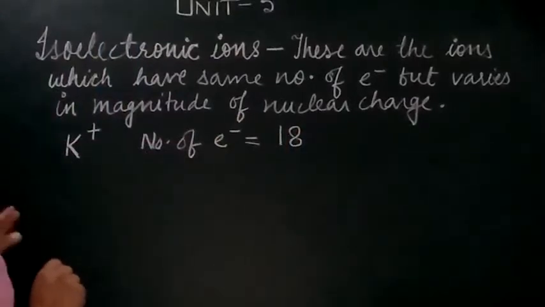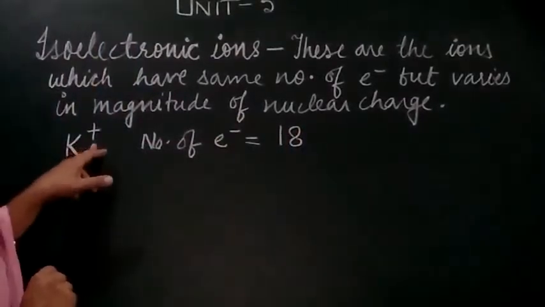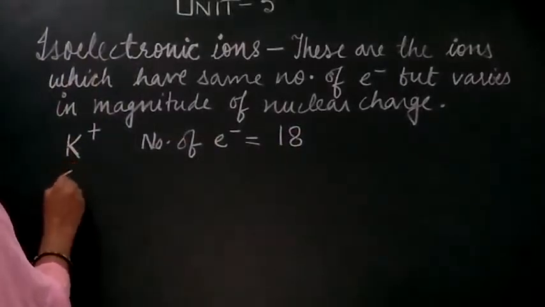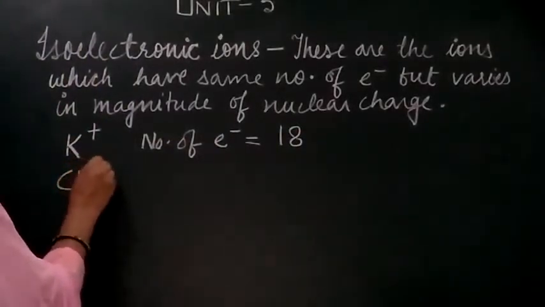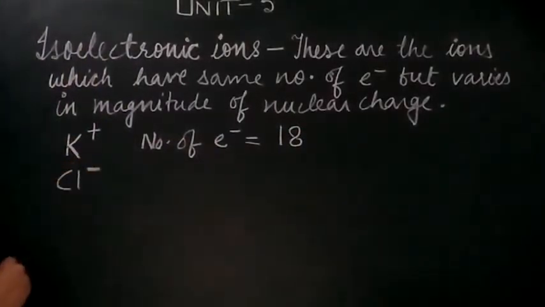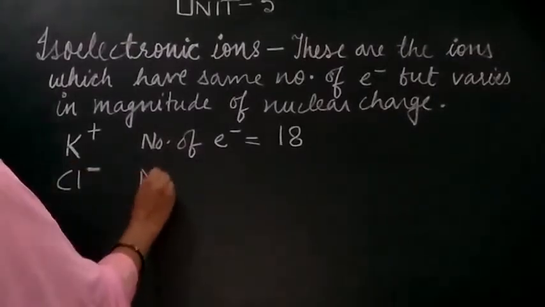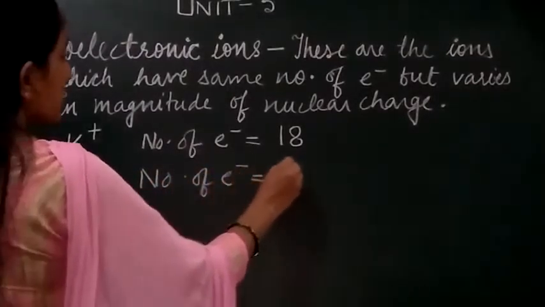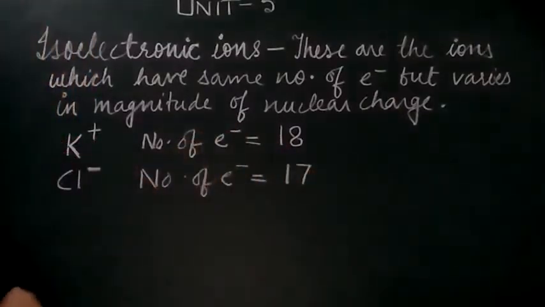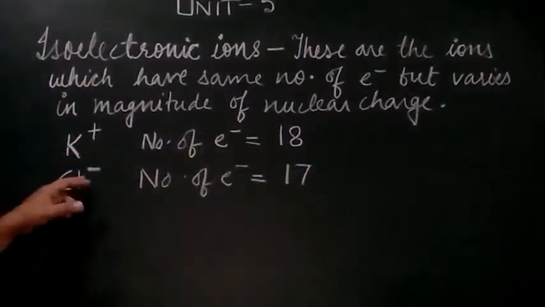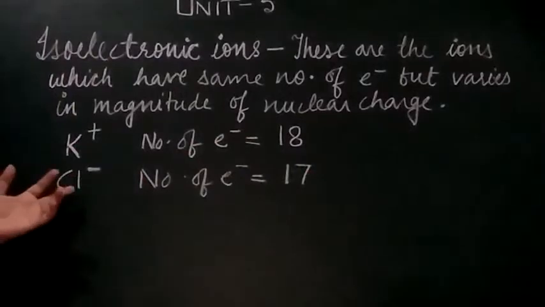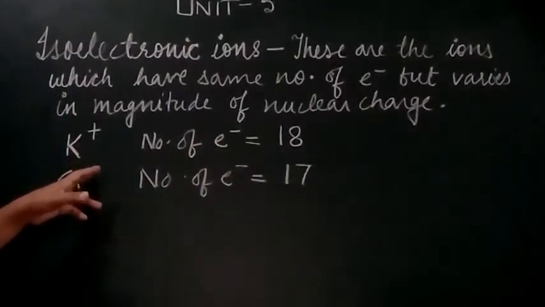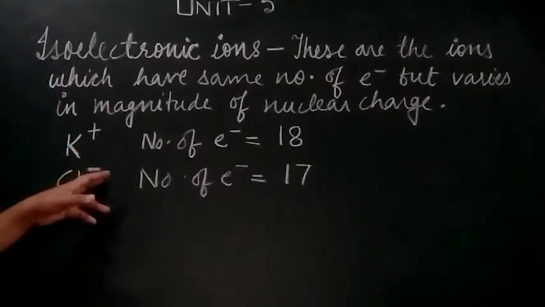And the magnitude of the nuclear charge, we can say, is plus 1, right? Whereas in the case of the chloride ion, Cl negative, here also the number of electrons is going to be 18. But you can see that the magnitude of the nuclear charge is different here. Here it has got the -1, right?